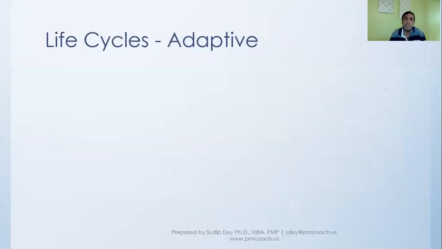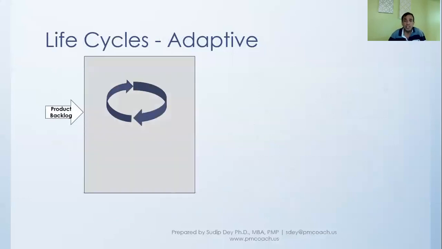So what does this really mean in terms of the flow? In adaptive, we will take some features from the product backlog for the iteration, and then go through the iteration.